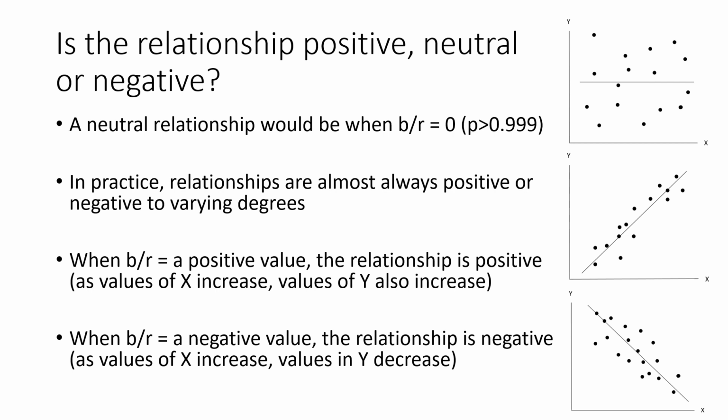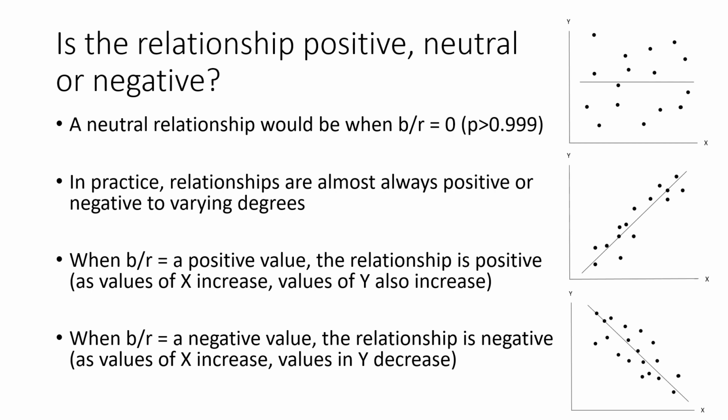And you can see that demonstrated in the second graph on the right-hand side of the slide, the line that's sloping up. So in a positive relationship, as values of X increase along the X-axis, you can also see a concomitant increase in values of Y along the Y-axis, hence the upward slope.